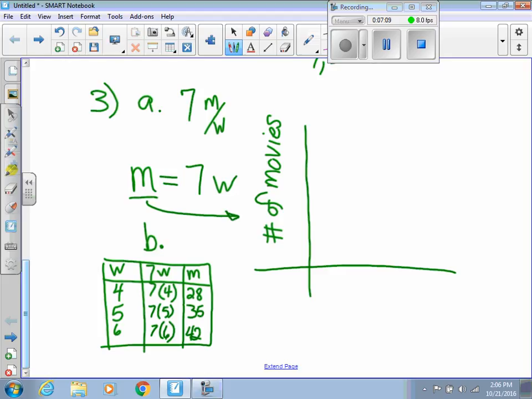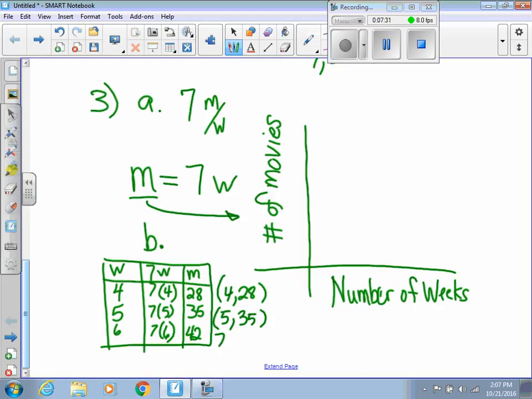And then the number of weeks is your x value. So now they want us to graph the ordered pairs, and we've got (4, 28), (5, 35), and (6, 42).